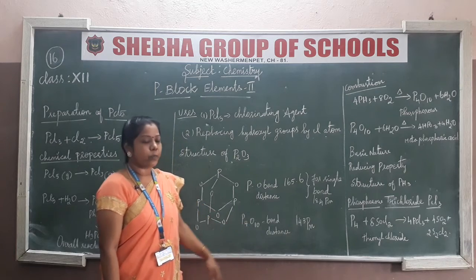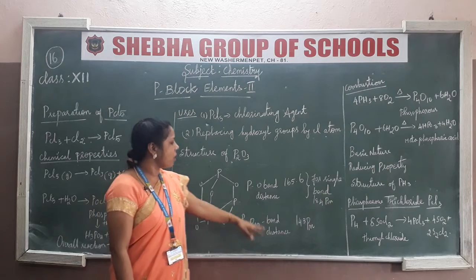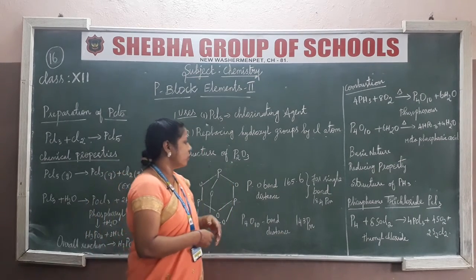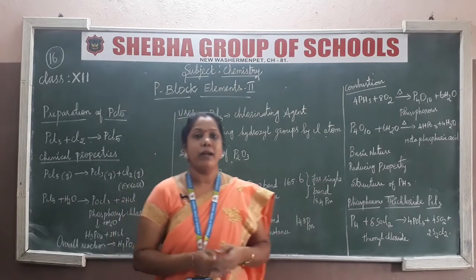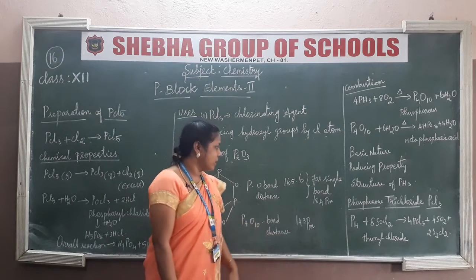I have already explained that, the name is phosphorus pentaoxide. In this bond also the distance is 143 picometres. So this is the difference between phosphorus trioxide and phosphorus pentaoxide.